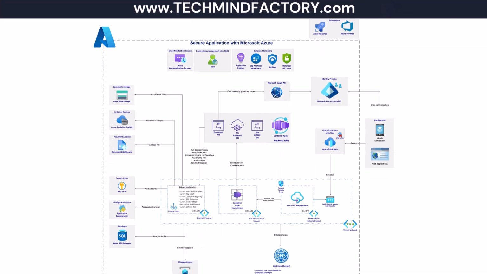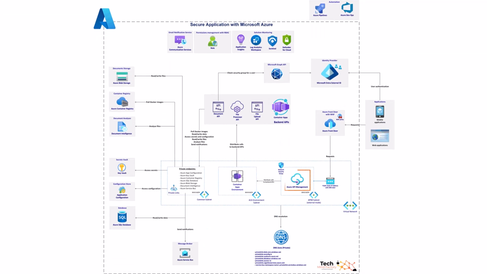As always, let's start with the solution architecture diagram I prepared for this application. In this specific video, we are going to see how to hide and access APIs behind the Azure API Management service. As we can see on this diagram, there is a document API and a file upload API, and those APIs are hosted with Azure Container Apps.